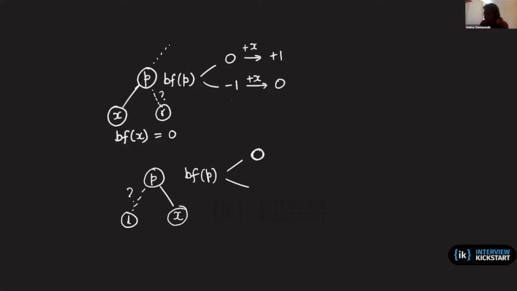And now by adding X, its balance factor becomes -1. If it had a left child already, its balance factor must have been +1 initially. And then when we added X, it became 0. But in either case, the parent itself is not imbalanced. There's no way the parent itself can be imbalanced.